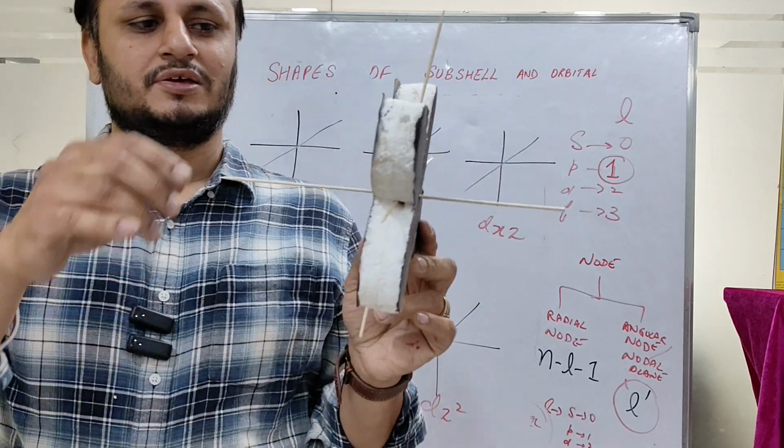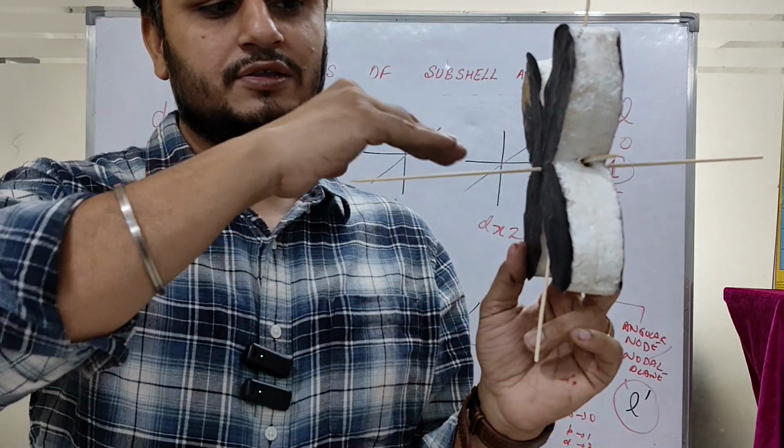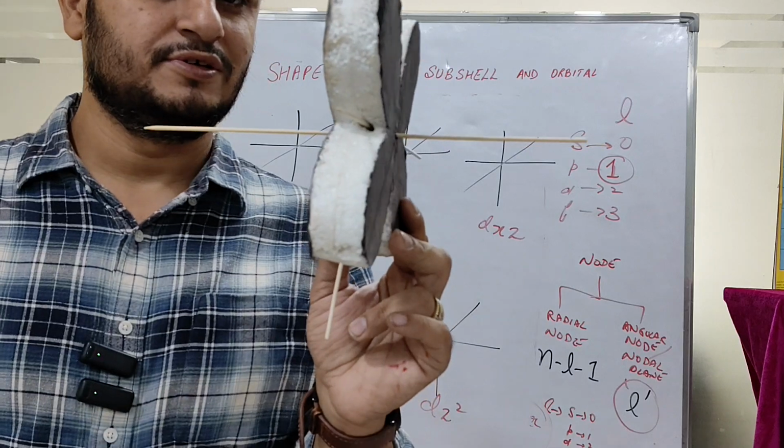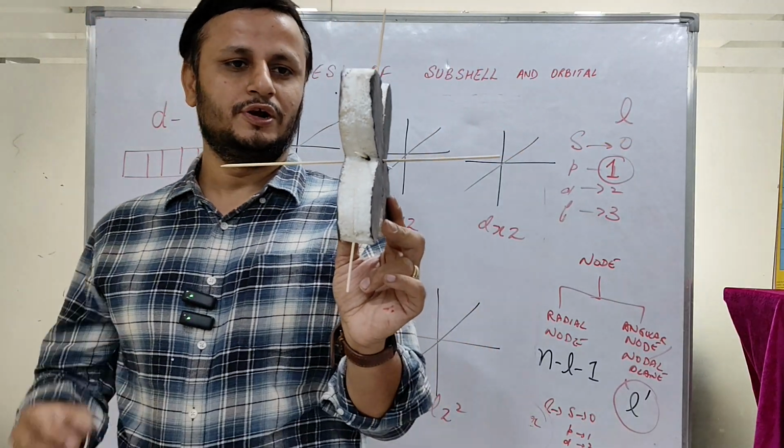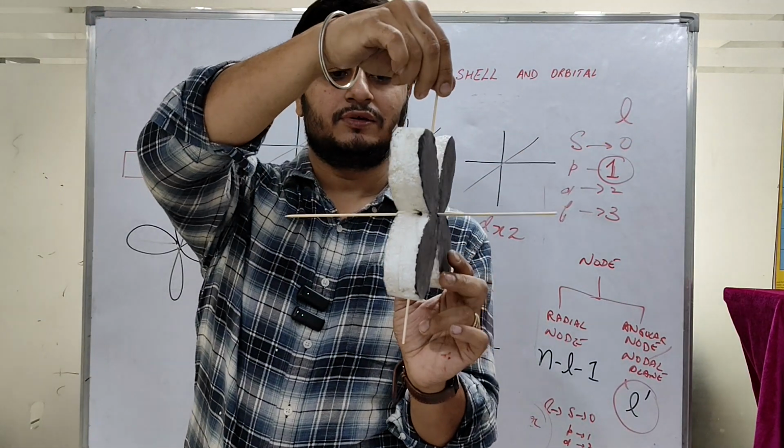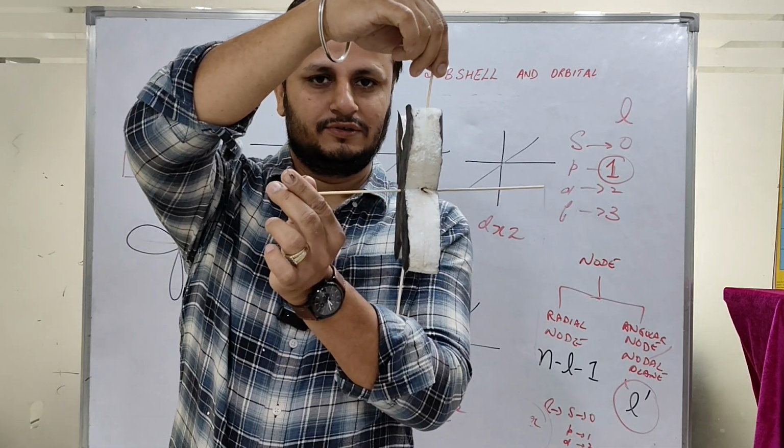dyz: this is the y-axis and this is the z-axis. So this is how it will look, with the y-axis and z-axis.